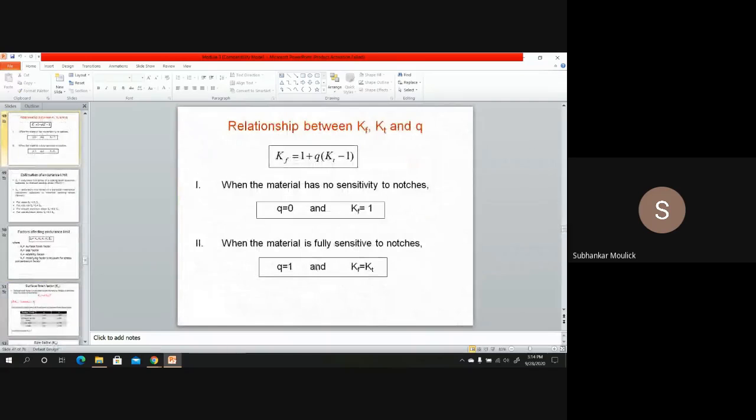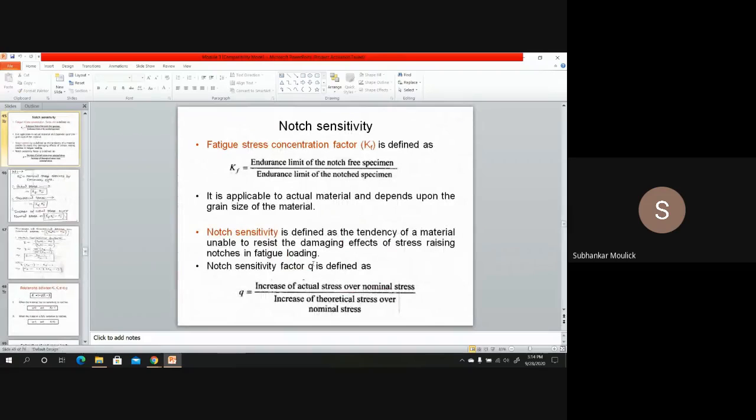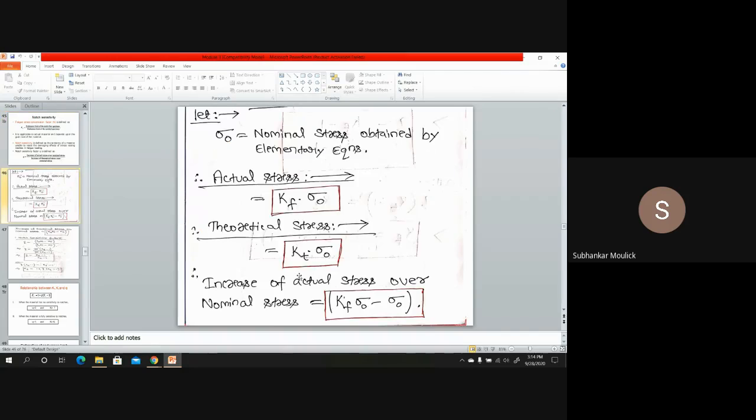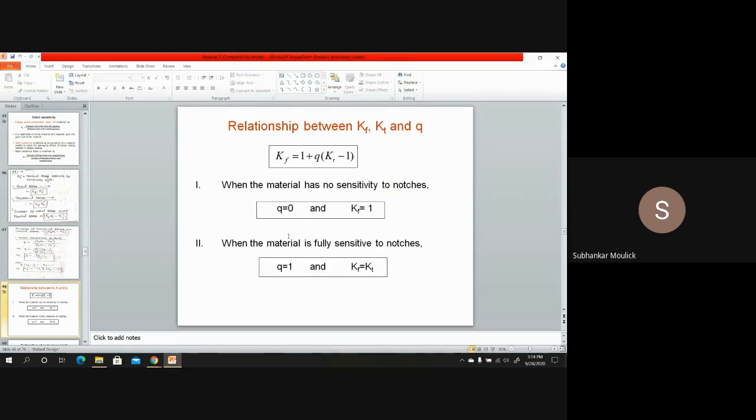So if you remember, in the last class we discussed a few small things related to fatigue failure, such as notch sensitivity, fatigue stress concentration factor, notch sensitivity factor, and the relationship between the fatigue stress concentration factor, stress concentration factor, and notch sensitivity, and how this relation changes when there is no notch and when there is a notch.